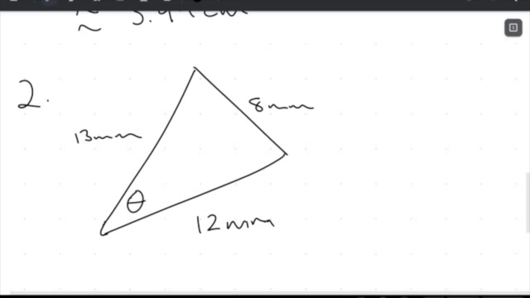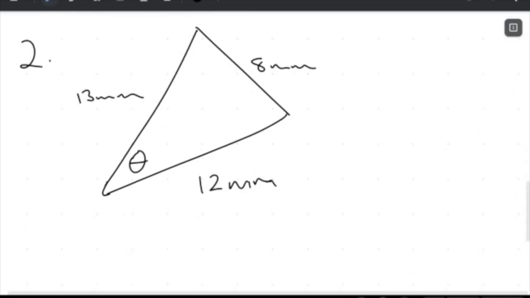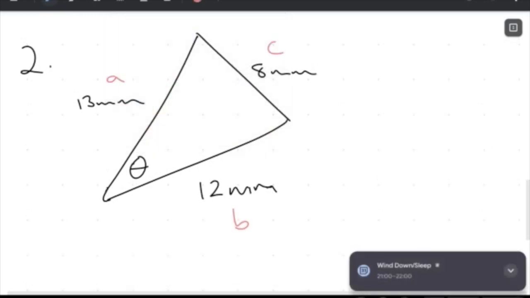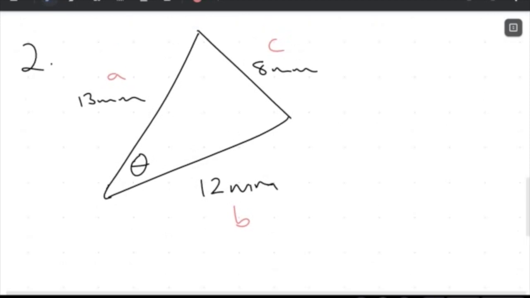First of all, we're going to write out my regular cosine rule in the current form we have it. So let's call this side C, this side A, this side B, and this angle C, or theta. Let's leave it like this.